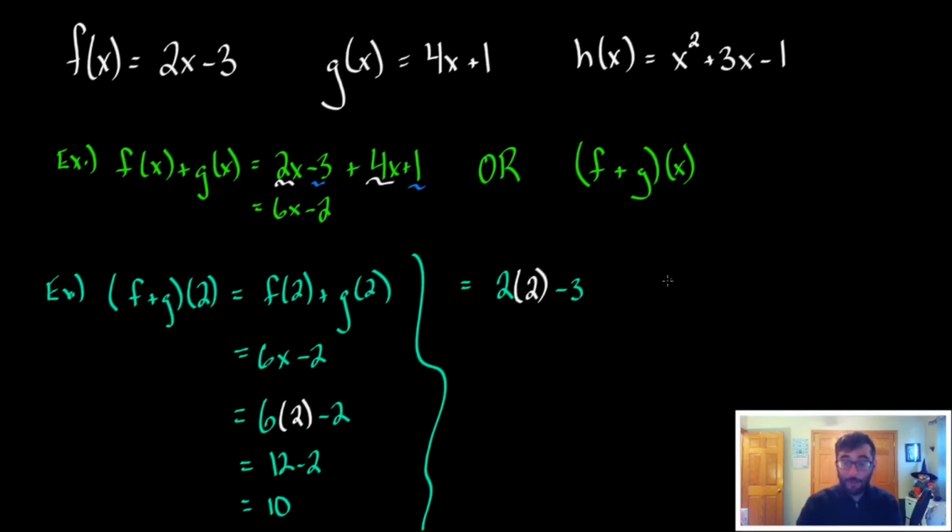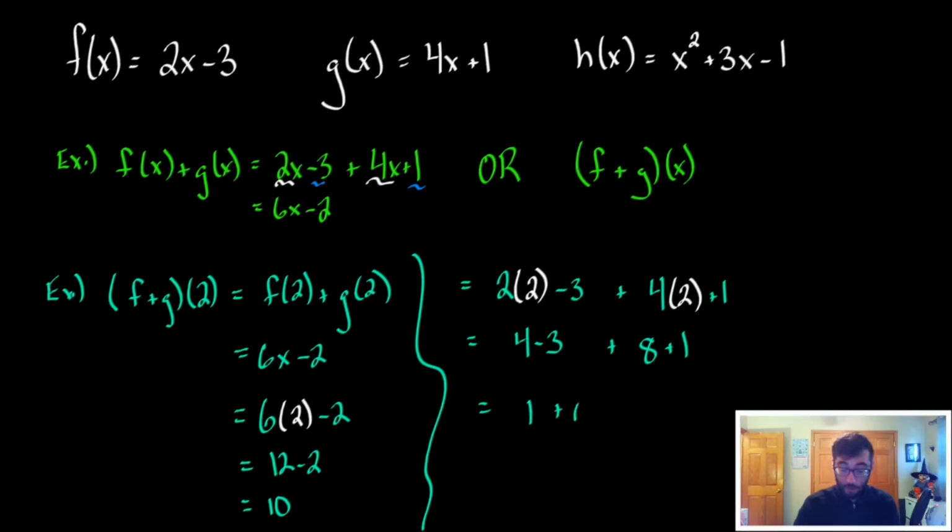I want to find out what that is, plus, and then g of 2, which would be 4x, I'm saying x is 2, plus 1. And if we did this, we would end up getting 4 minus 3, plus 8 plus 1. And then we just make sure we're performing order of operation.